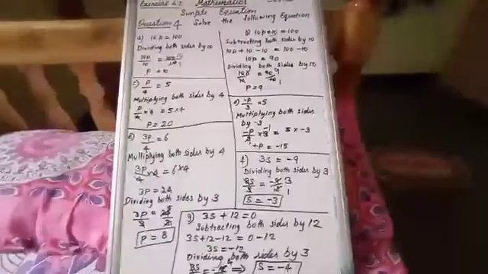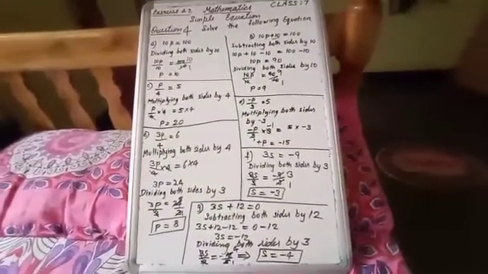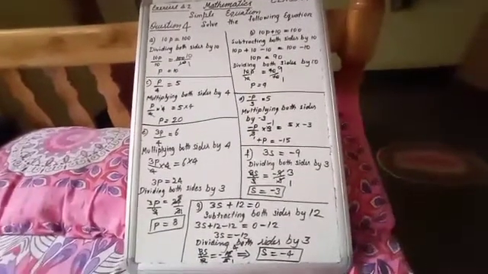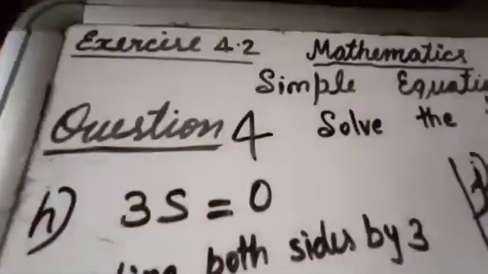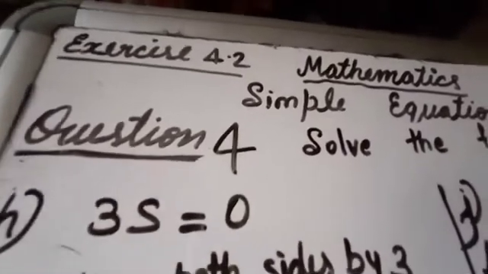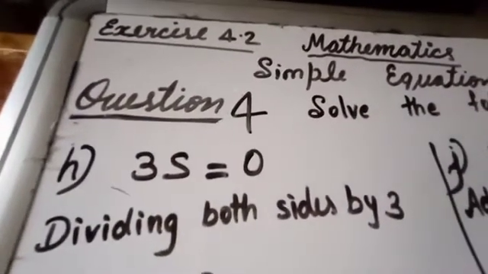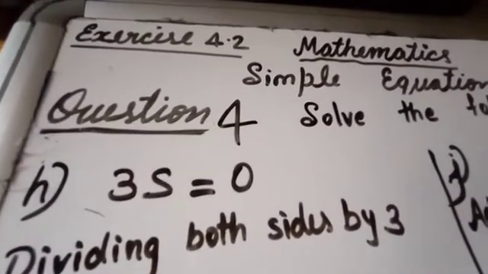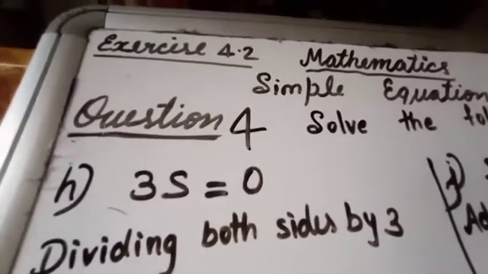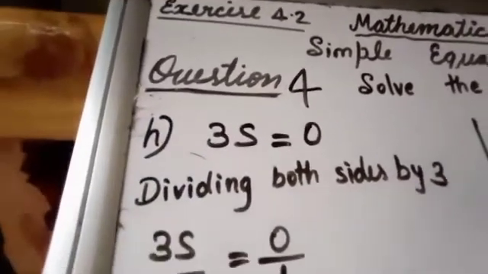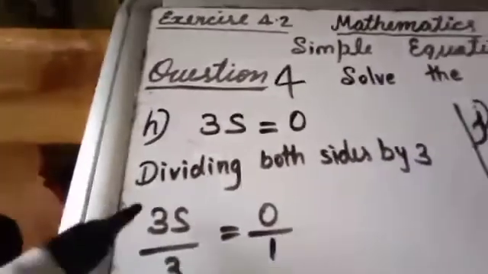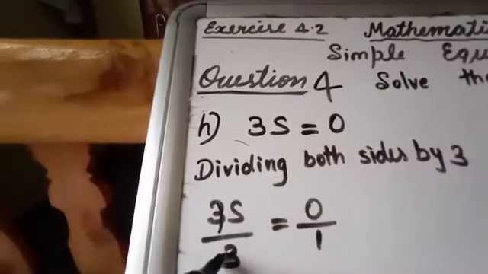Next let us go to the next question, that is H. Question H. 3s is equal to 0. Dividing both sides by 3, then we can separate the variable. 3s divided by 3, the 3 gets cancelled.